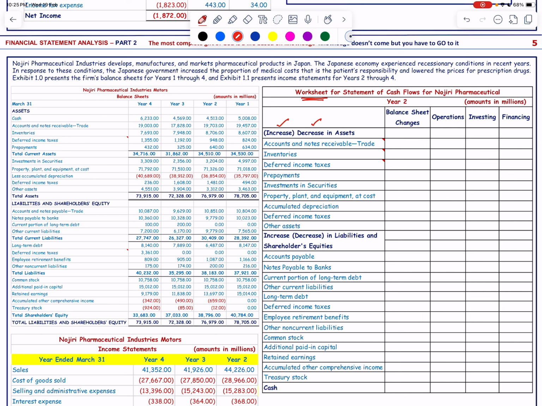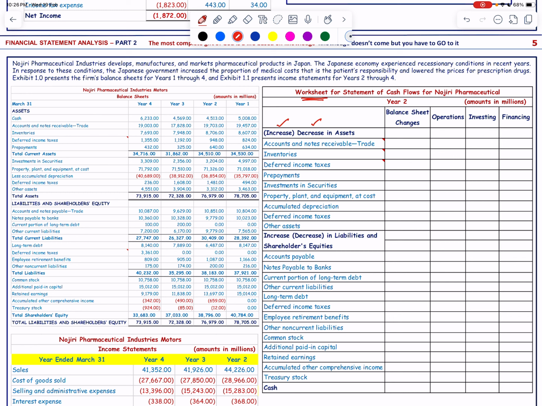You see the brackets, you can see it is a negative sign, and in brackets it means that there is a cash outflow or a reduction in cash. So when you show an increase in assets, it is recorded as a negative adjustment to reflect that cash has been tied up in those assets, reducing the overall cash flow.